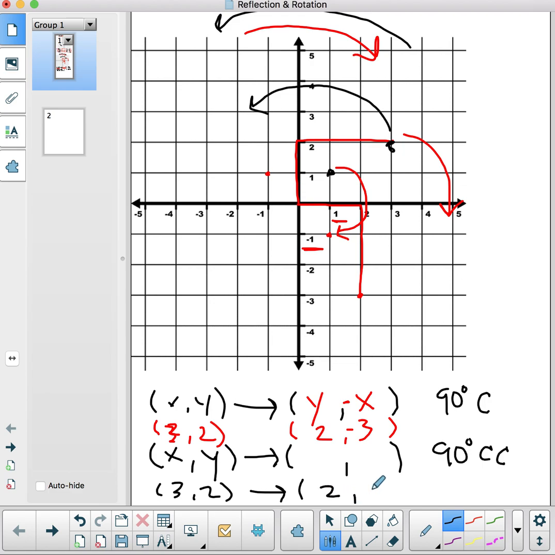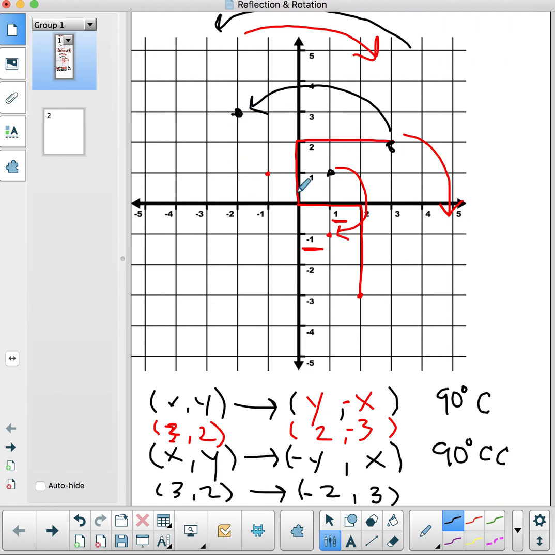So we're going to have 2, 3. However, what's negative in this quadrant? Well, we know the values flip. However, X is negative in this quadrant. So this sign is going to be negative so that we can have the proper notation, right? So when we do that counterclockwise rotation, it's going to be negative 2, 3, right?